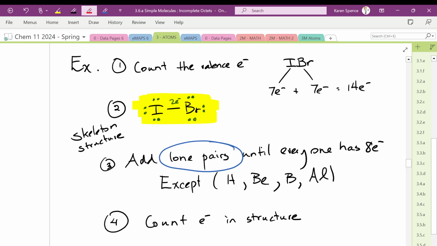2, 4, 6, a bond makes 8, 10, 12, 14. So you count and then you check against step 1.